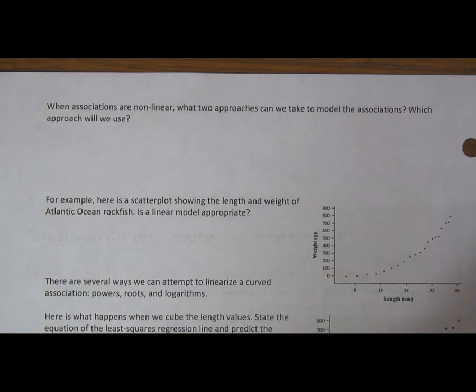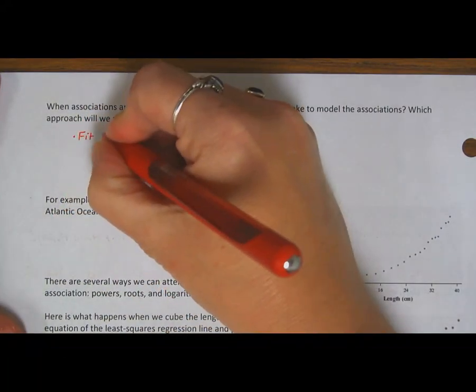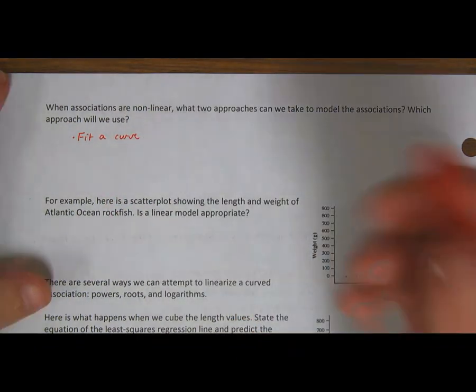All right. On the back, when associations are nonlinear, what two approaches could we take to model the association? We could fit a curve to the nonlinear association.